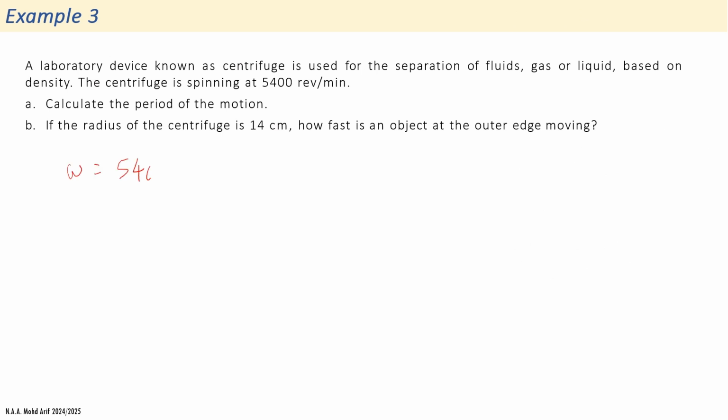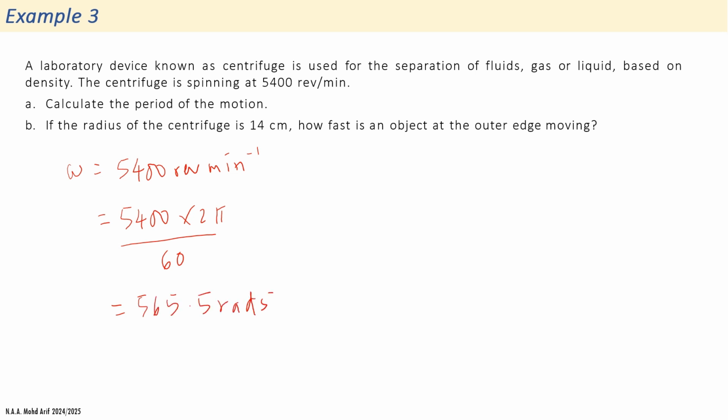So ω is 5400 revolutions per minute. Again, we need to change to radians per second. So 5400 times 2π divided by 60 seconds. So we will get 565.5 radians per second.